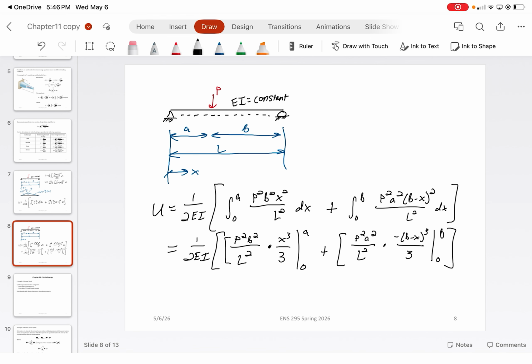Solving for all of this, you would just get that the total strain energy within the system is equal to p squared a squared b squared divided by 6EIL.